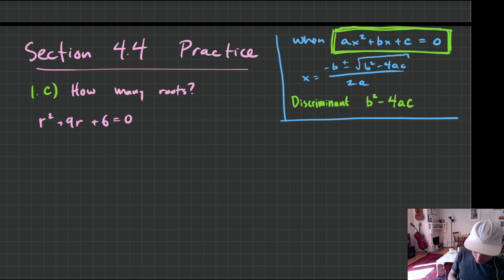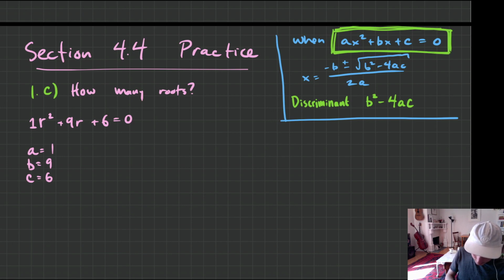In this case, a is equal to 1 because there's no coefficient in front of r squared. b is equal to 9 and c is equal to 6.